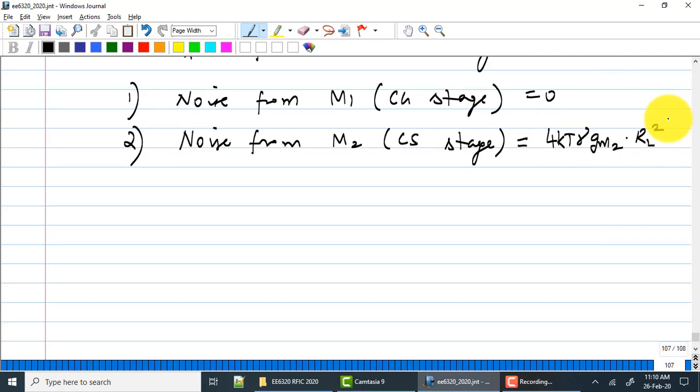Noise from RL. Output noise from RL, how much is it? 4kT RL. Okay, directly on the negative input.